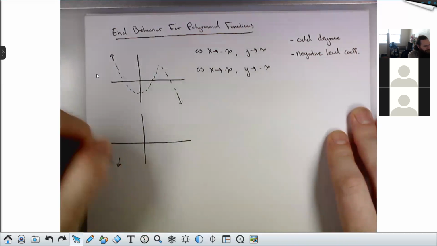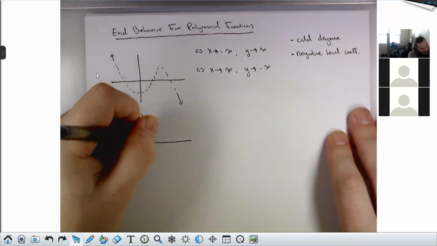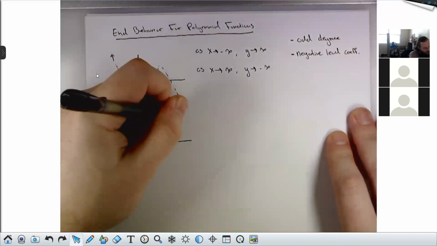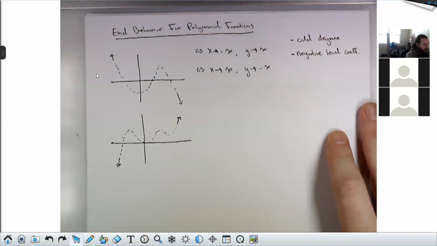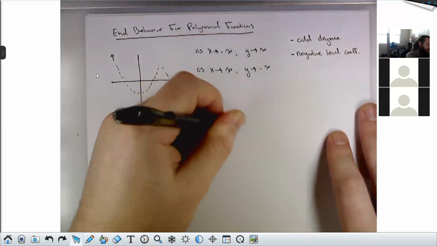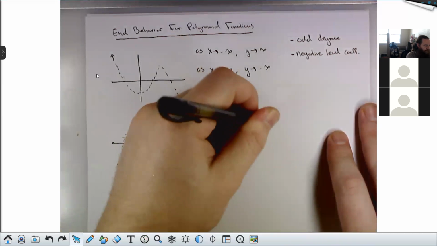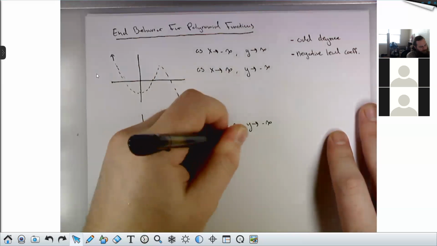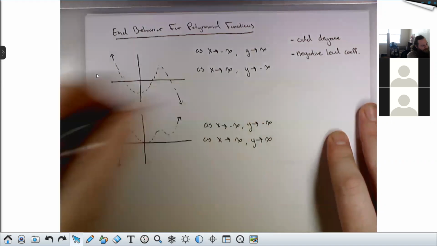So if I have a graph that does whatever, but then on this side it goes up, we would say this as x goes to negative infinity, y is going to negative infinity, and as x goes to positive infinity, y is going to positive infinity.